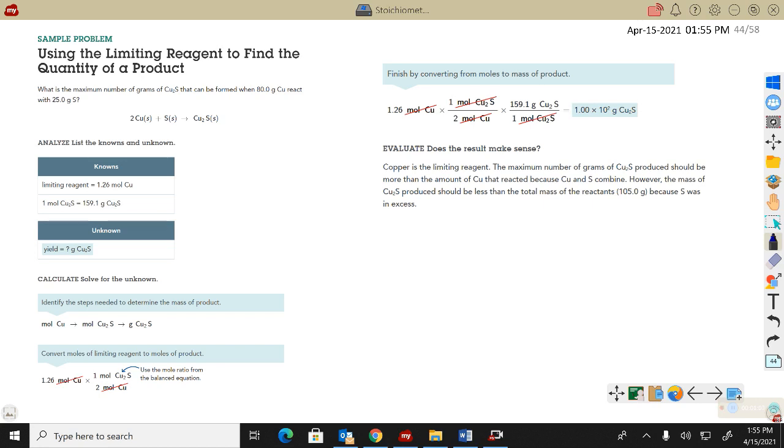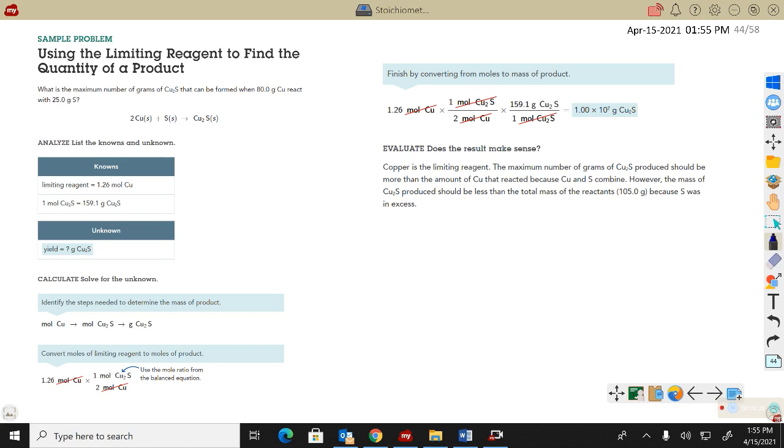I'm supposed to have 2 moles of copper for every 1 mole of sulfur, or some kind of a comparable 2-to-1 ratio of moles. If I don't have the 2-to-1 ratio, then is there one reactant that's going to run out first? And then that limiting reactant is the one that I'll use to determine how much product is formed.